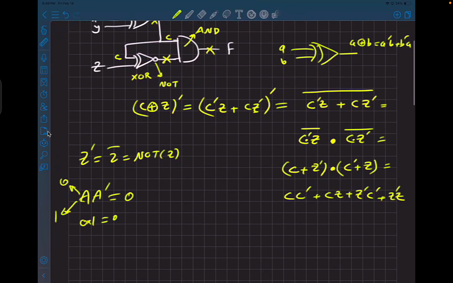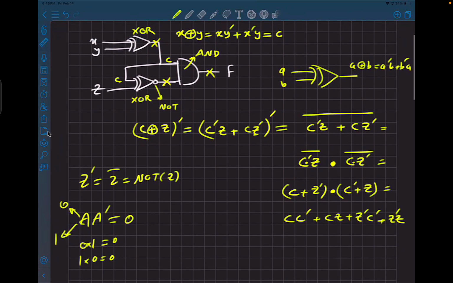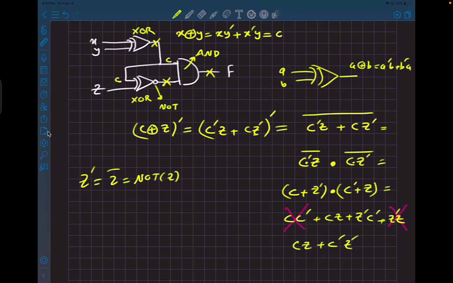If A equals to 1, it becomes 1 times 0 equals to 0. Either case, any variable times its complement becomes 0. By understanding this, we can simplify more. So we are going to get rid of these two. So whatever remains is CZ plus C bar Z bar. So the output here is CZ plus C bar Z bar.